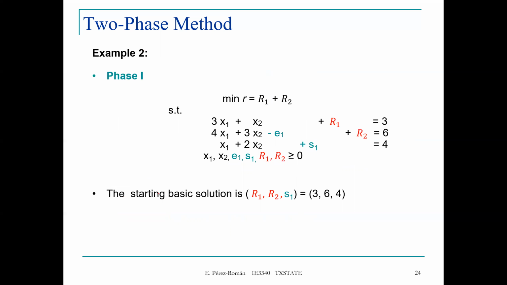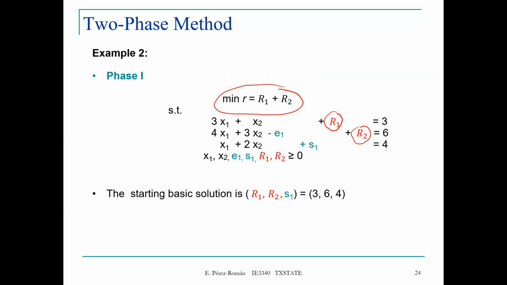So our original problem now looks like this for phase one. As mentioned earlier, we have a new objective function for phase one. And we have two artificial variables because we need an artificial variable for the equality, and we need an artificial variable for the constraint that has an excess or surplus variable.